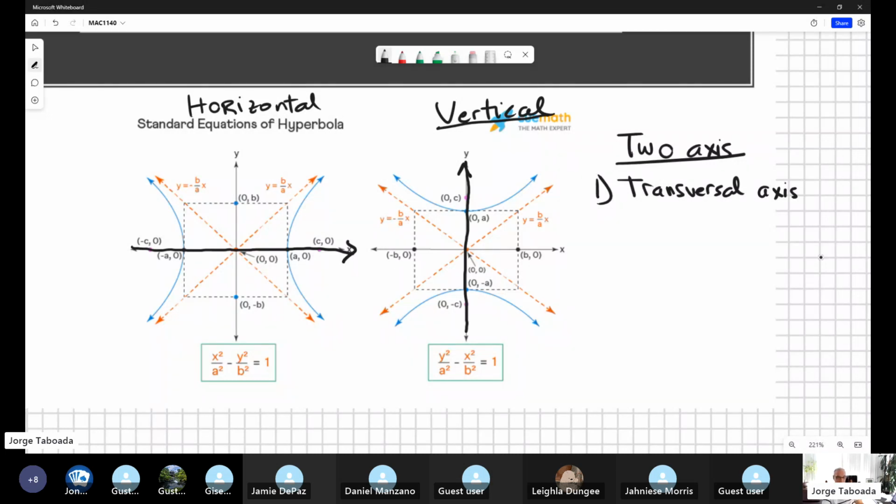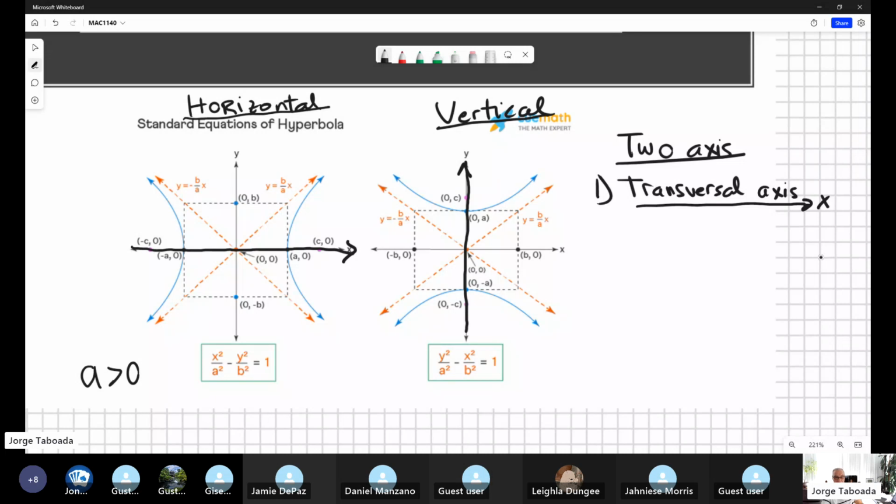Only negative. So now, when you see that A is associated with the positive part, that by the way is the X part, then it is a horizontal hyperbola. So repetition: A associated with the positive, greater than 0, and A is associated with the X. Therefore, our transversal axis is coincident with the X or parallel to the X. That is the reason that it's horizontal.